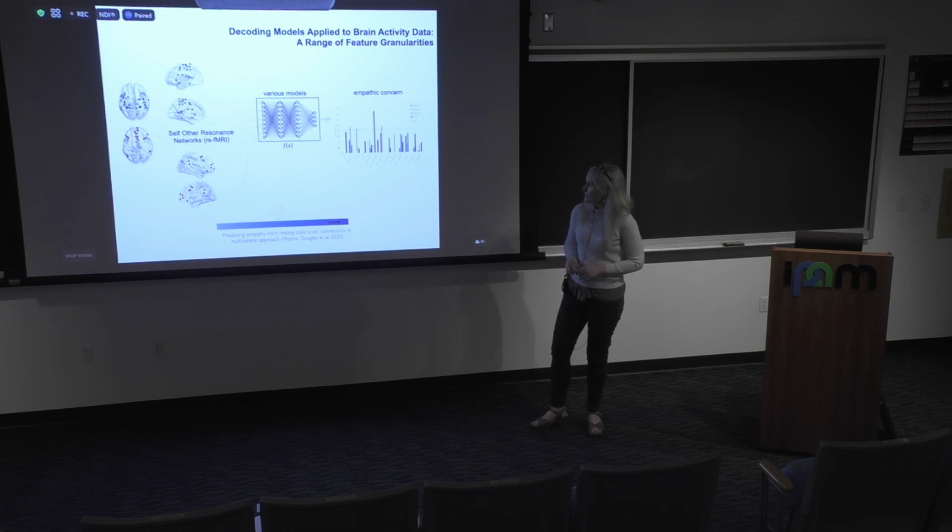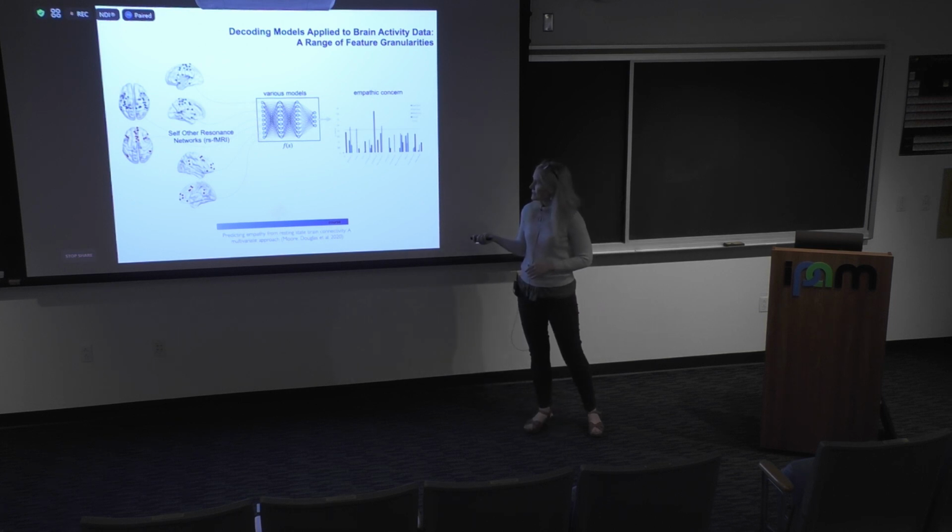This one's also nice, which is also not at the single voxel level, but somewhere in between, these kind of derived measures using self-other resonance networks. And this was used to try and make predictions and make inferences about empathic concern.